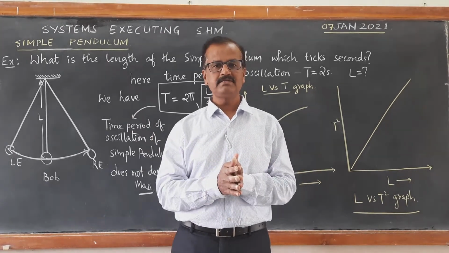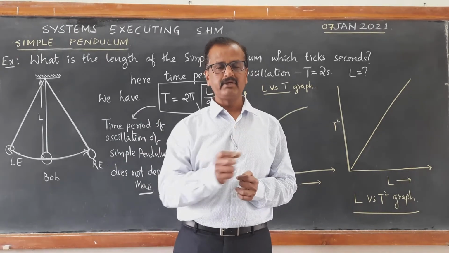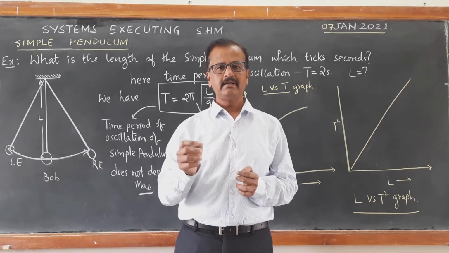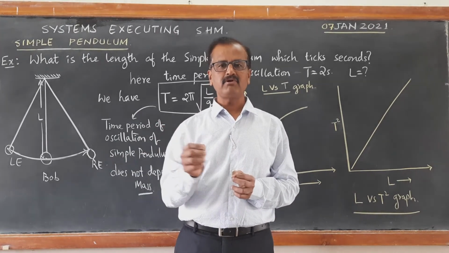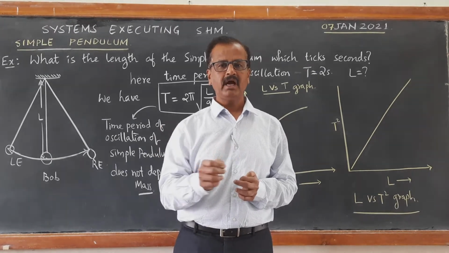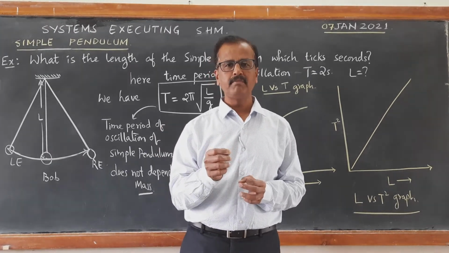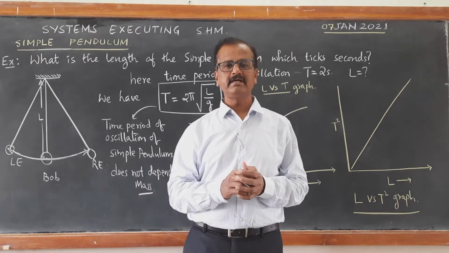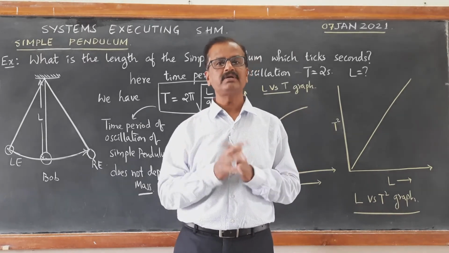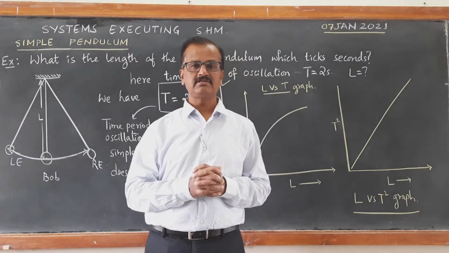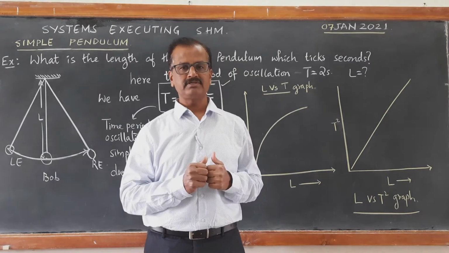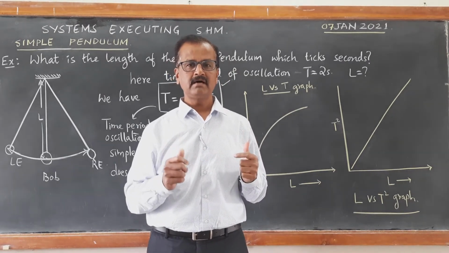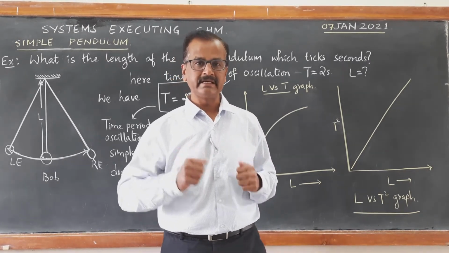As a result, the oscillating pendulum or oscillating spring keeps on decreasing its amplitude, and finally at a particular moment the oscillating body comes to rest. Such oscillations are called damped oscillations. Let us learn about damped oscillations in detail.